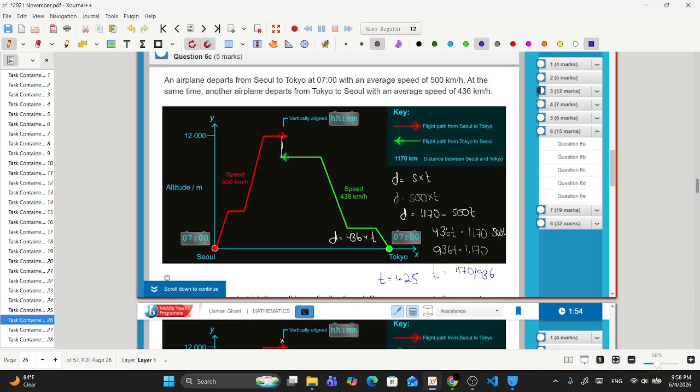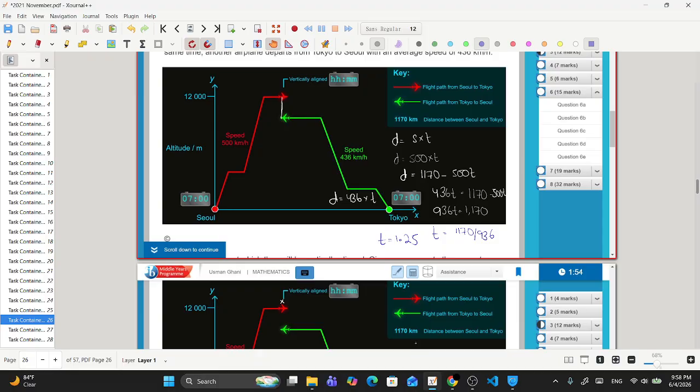A mistake that most students would make is that they would consider 1 hour as, so, okay, now let's do the conversions. Look, you should know that basically 0.25 of an hour is equal to 15 minutes.